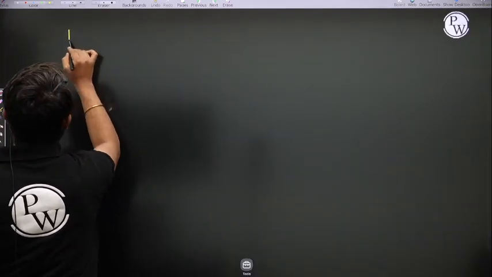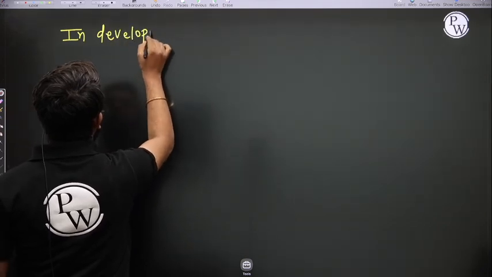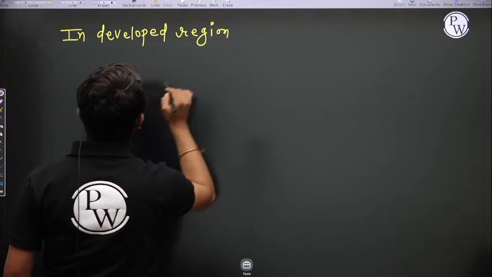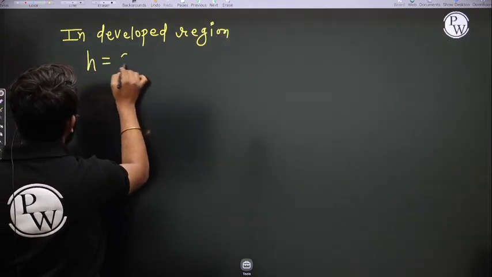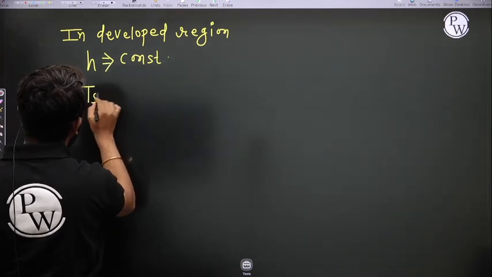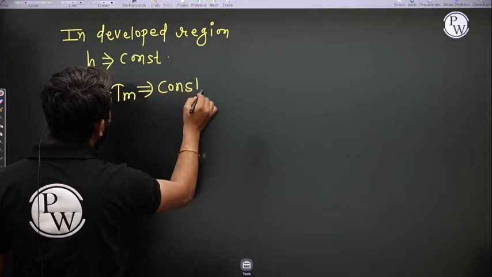In the developed region, H is constant, therefore Ts minus Tm is also constant.